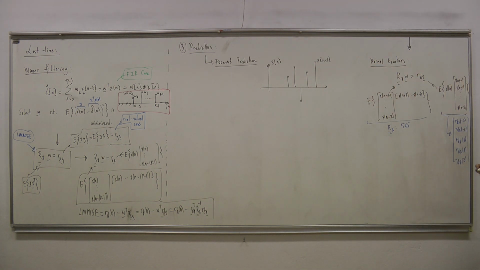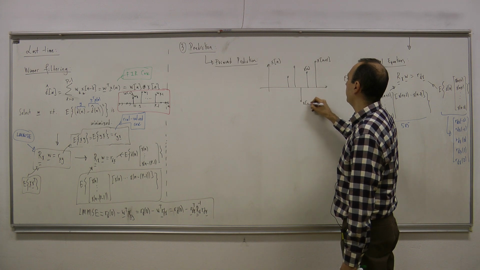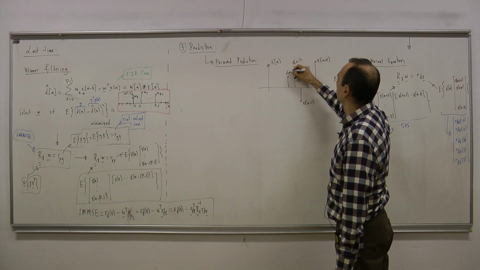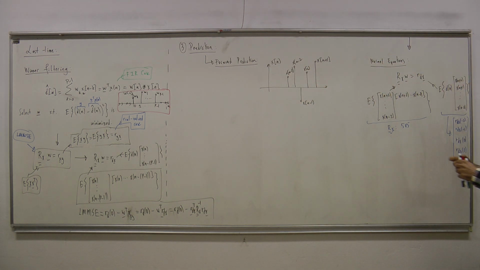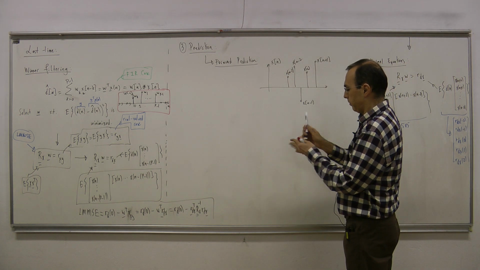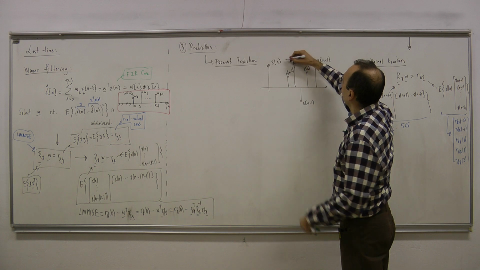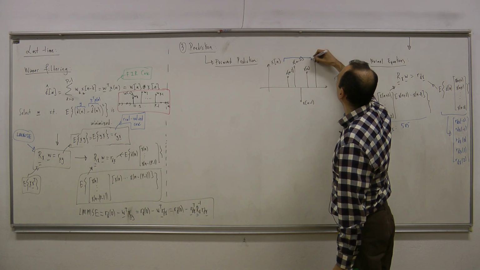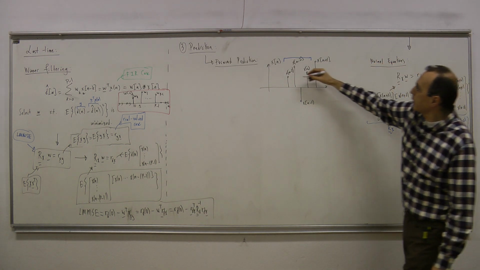Then this is X of n, this is X of n minus 1, n minus 2, X of n minus 3. So I have 4 samples. Now the issue is the following. Assume that you know these 4 samples. Let me mark them like this.